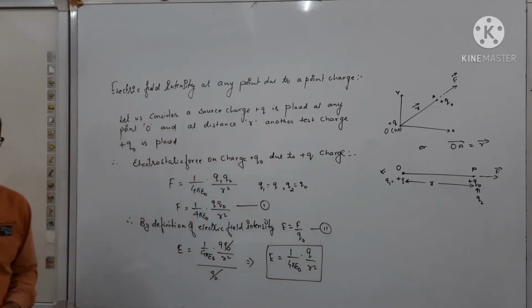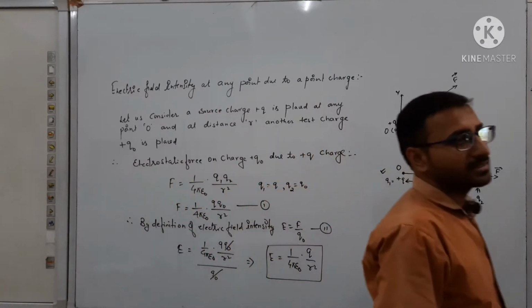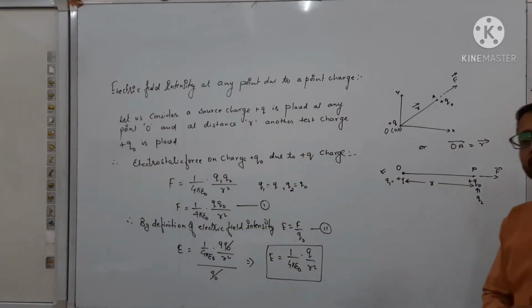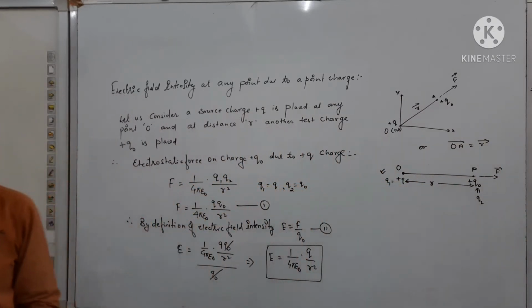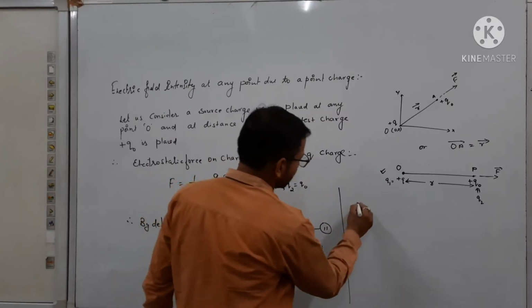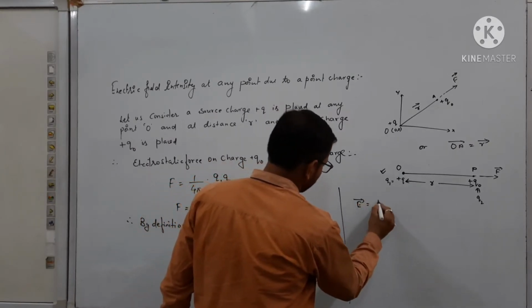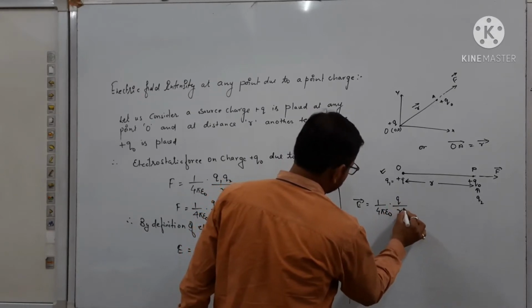Now if we want to show the direction of electric field intensity, that is, if we want to write the electric field intensity in vector form, as we know that the electric field is a vector quantity, that time we will use the direction here: 1 over 4 pi epsilon naught, q by r square.